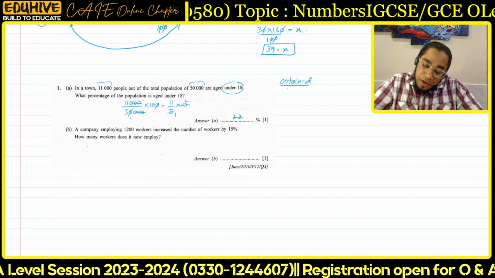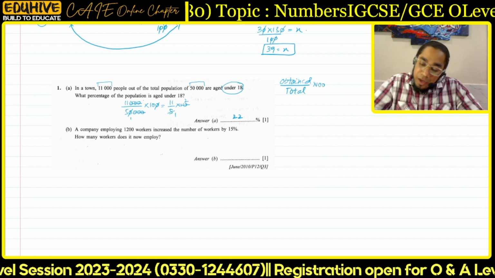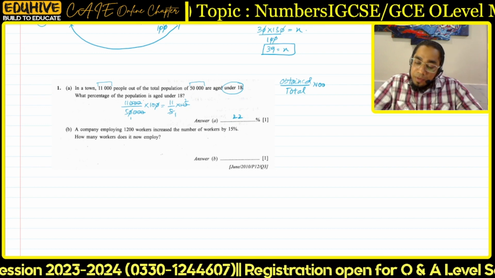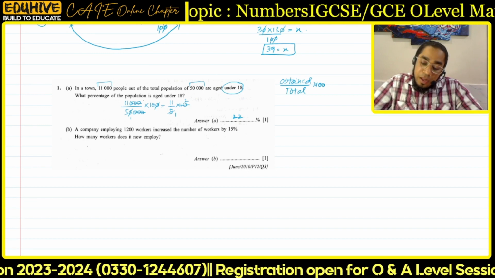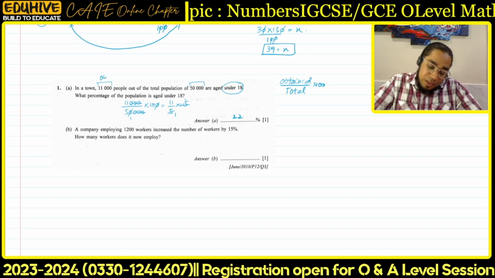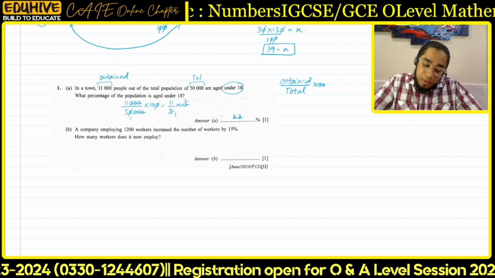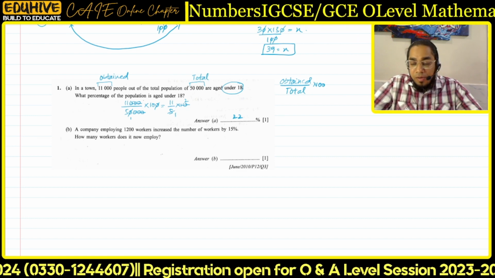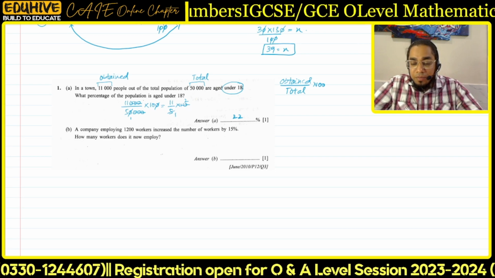Obtained divided by total multiplied by 100. Okay. So what I'm doing, I'm just following this simple formula, that is obtained divided by total multiplied by 100. That's gonna be like obtain will be the amount of this one, and total will be the amount of this one, and it is going to multiply it by 100. Is that clear?